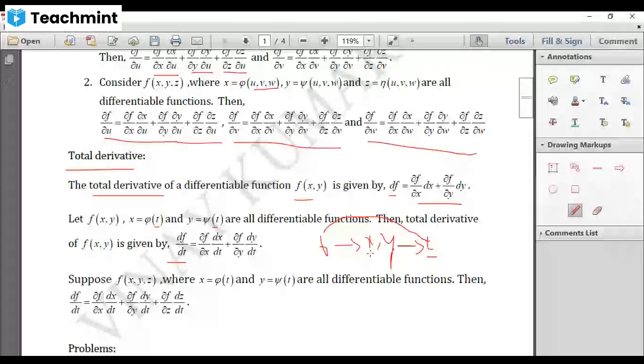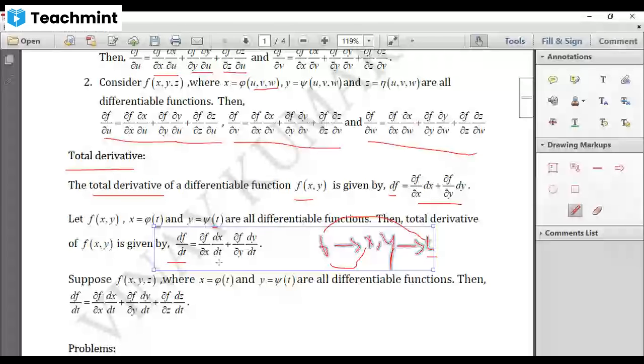So ∂f/∂x into, now you have to differentiate x with respect to t because x is dependent on t. But remember your x is a function of only t alone, so you don't have any other variable to keep as constant. Hence, you'll not get partial differentiation. You'll get total derivative, that is dx/dt.